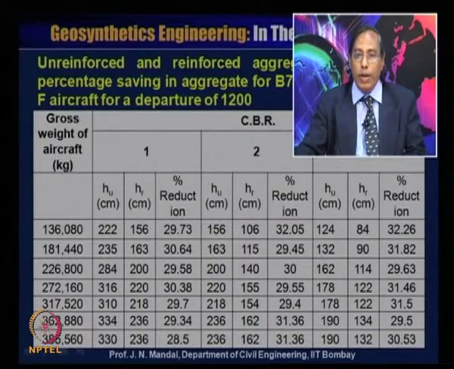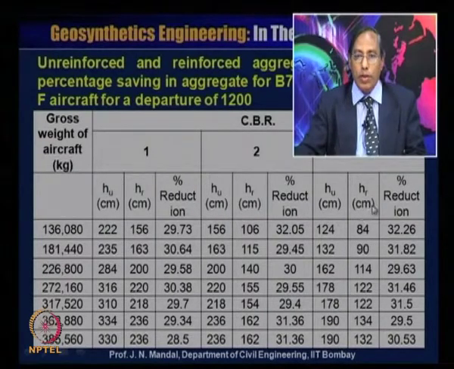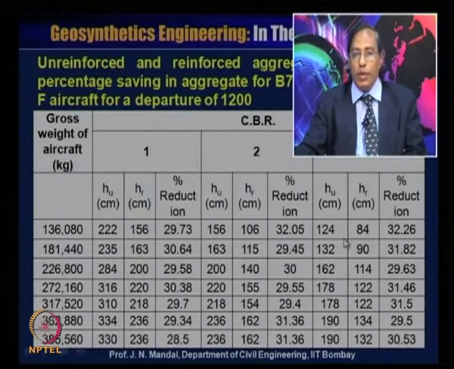When the CBR value is 3, the unreinforced thickness of the pavement lies between 124 to 190, but in case of reinforcement, the thickness lies between 84 to 132. So the reduction of the thickness is about 30 to 32 percent.